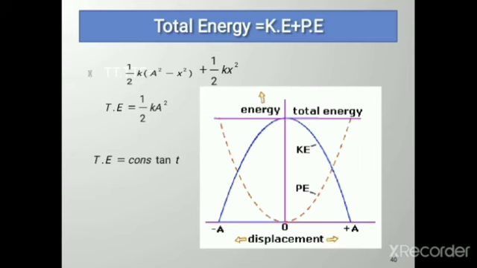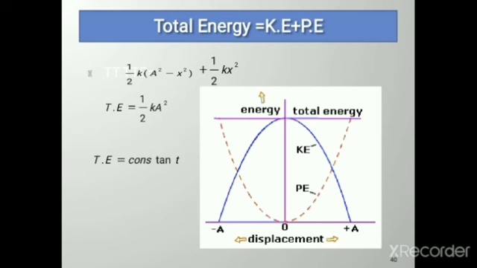When the particle is moving from right extremity to left extremity, its kinetic energy gets converted into potential energy and potential energy gets converted into kinetic energy. So, if you plot a graph of energy versus displacement, as we have seen, potential energy is minimum at mean position and it is maximum at extreme position.